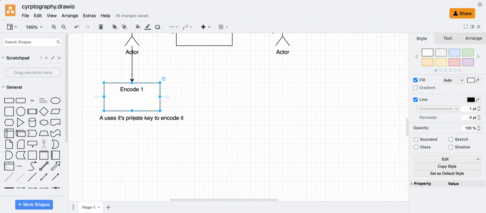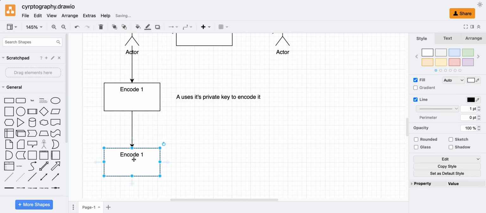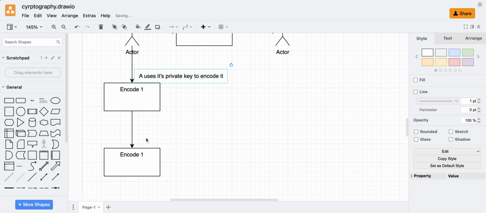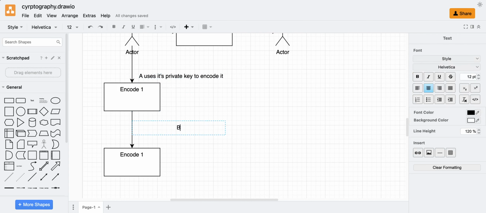Then again it is going to use, just follow me here, B's public key over that encoded message to encode it again. So here it is encoded a second time.